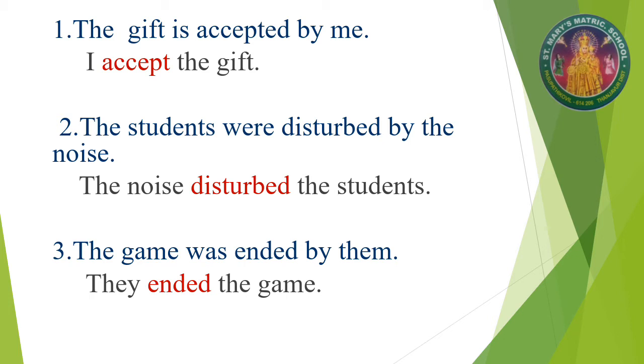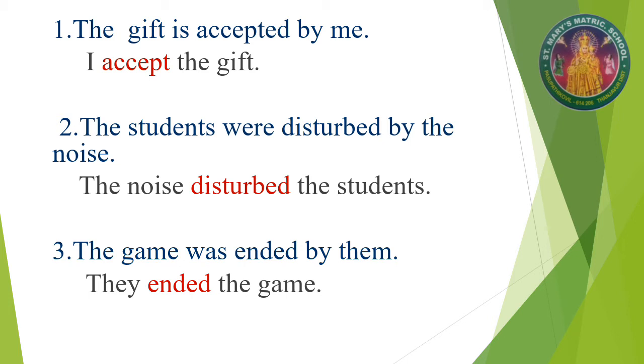Next, second sentence: the students were disturbed by the noise. Now split the sentence. The students is the subject, were disturbed is the tense, and by the noise is the object. Bring down the object as a subject: the noise. Now see the verb form, were disturbed. Why is the auxiliary were written?